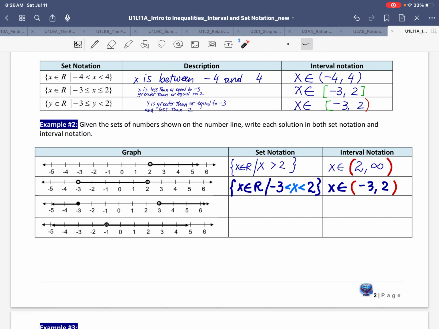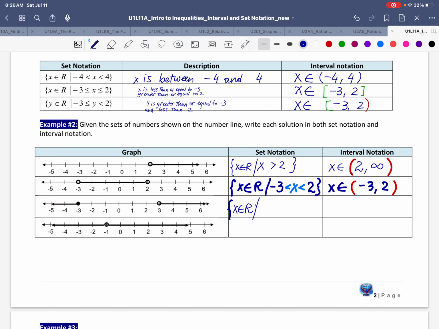Now, this is a very interesting set of numbers. What we're going to do is start off with x in the real numbers, so all real values of x, such that, in this case, we don't have x between two values, so it's not x greater than or equal to the smallest and less than the highest. We have the values of x beyond this low value and beyond to infinity of this x value.